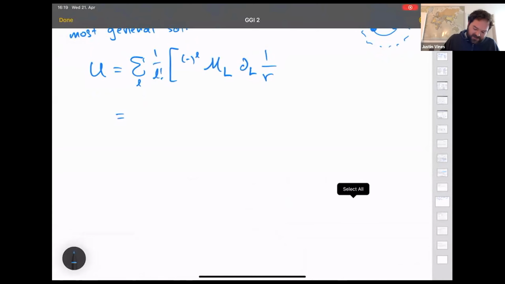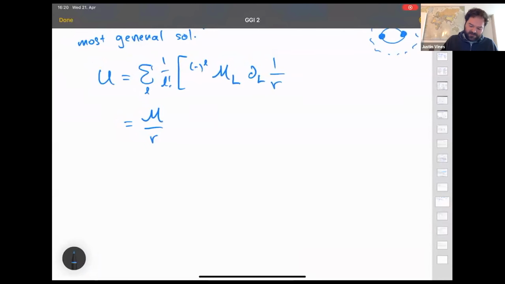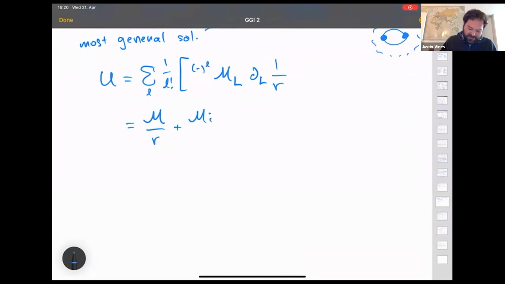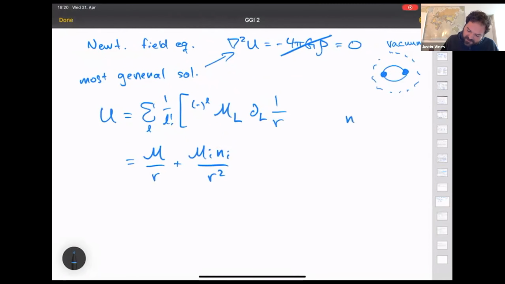What I mean there is, expanding out that sum, there's a mass monopole over r. There's the mass dipole contracted into a derivative of 1 over r, which becomes a 1 over r squared term, if n vector is r vector over r.